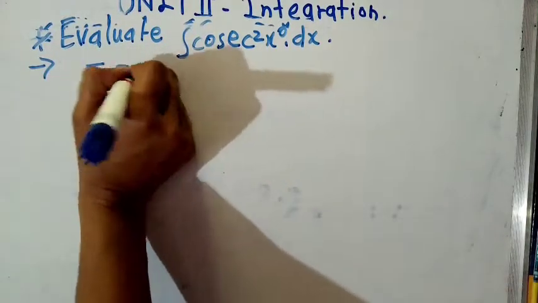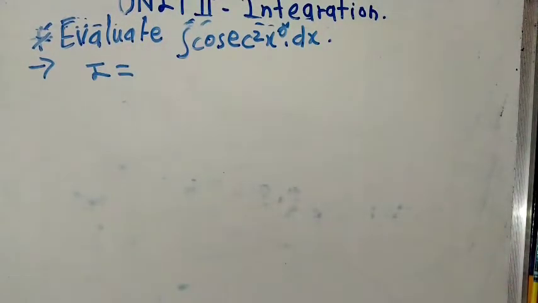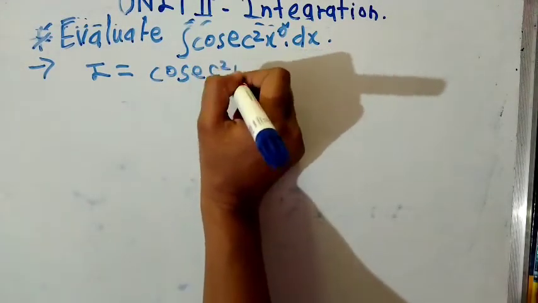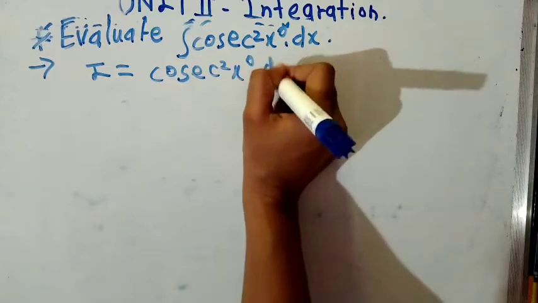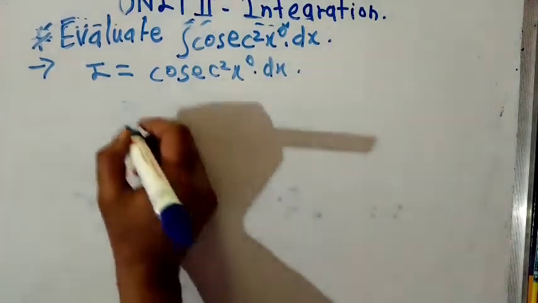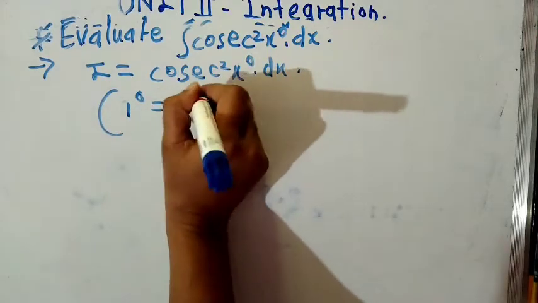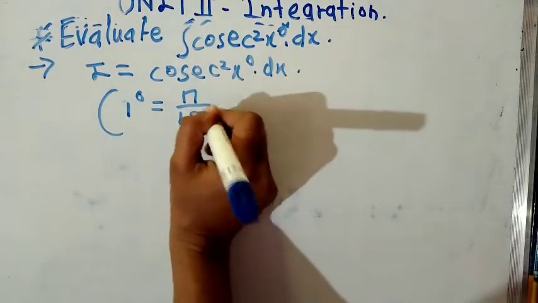So consider I is equal to integration of cosec square x degree into dx, but we know that 1 degree is equal to pi upon 180.